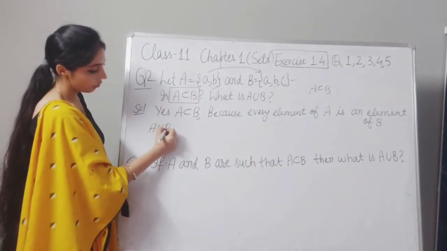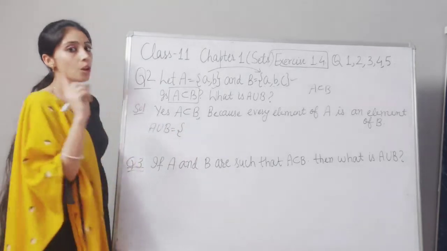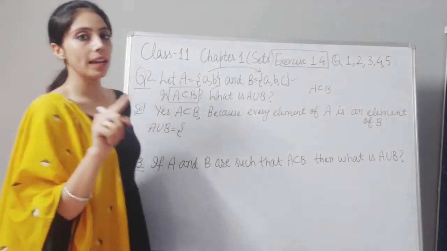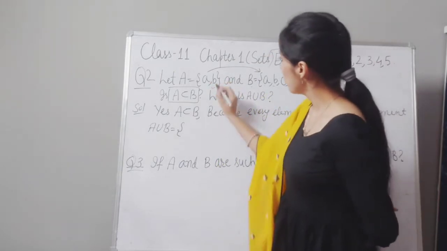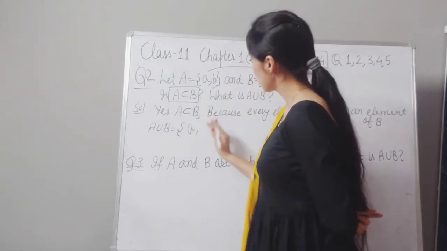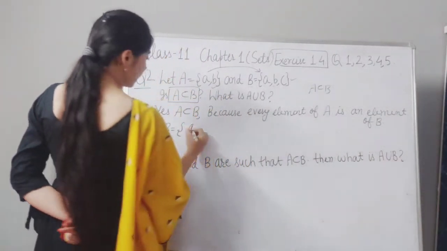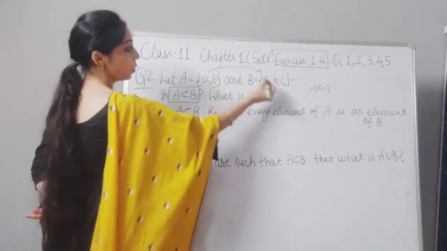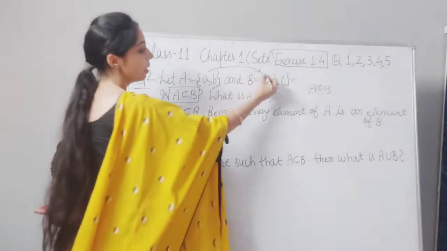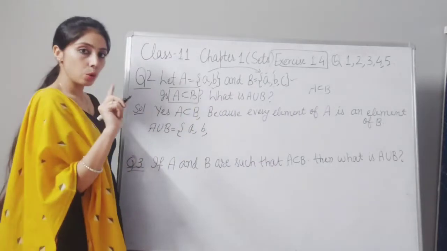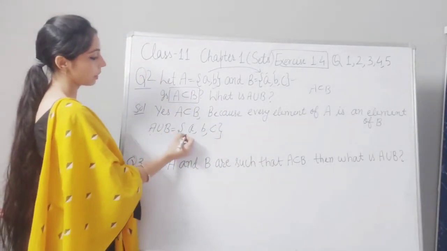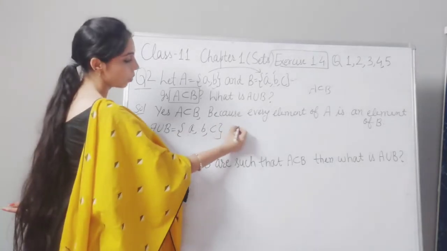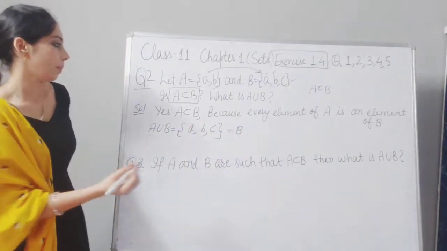By definition, we know that this contains all x which are either in A or in B. So first of all, we will write the elements in A. These are a, b, and all the elements of B also. But these two are repeating, so we can't write them. We will write only c. So A union B is equal to this, which is already equal to B.